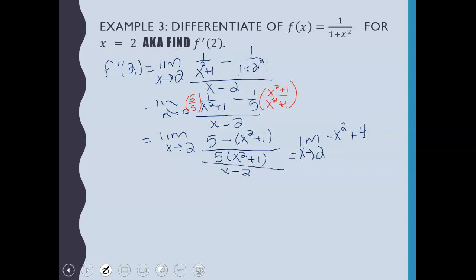Ooh, what does that look like? That looks like a difference of squares, right? Because we have the negative x squared and the positive 4. But we know in math that we can take out a negative, turn it to a positive, and factor it out. In the meantime, I also hate writing fractions in fractions, so I'm going to multiply by the reciprocal of the denominator so I can get that up into my fraction at this time as well.